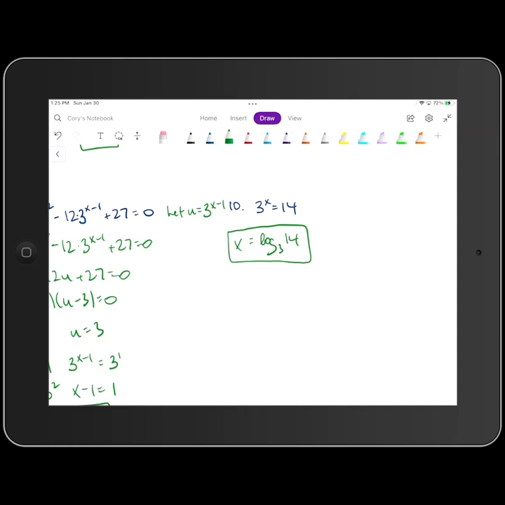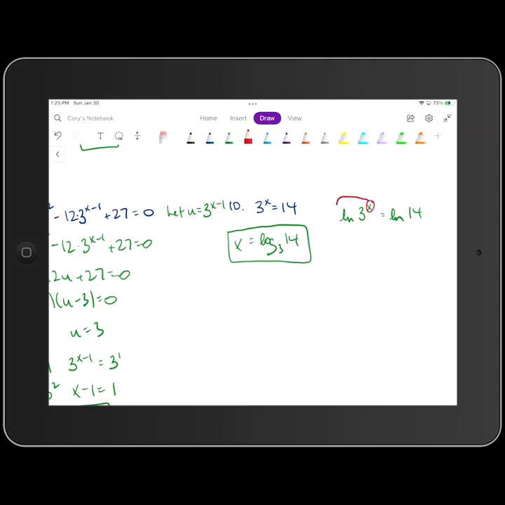Okay, the way that I'm going to recommend that you guys solve these equations is to take your original exponential equation, and we are going to take the natural log of both sides of this equation. Ultimately we are trying to solve for the variable x.